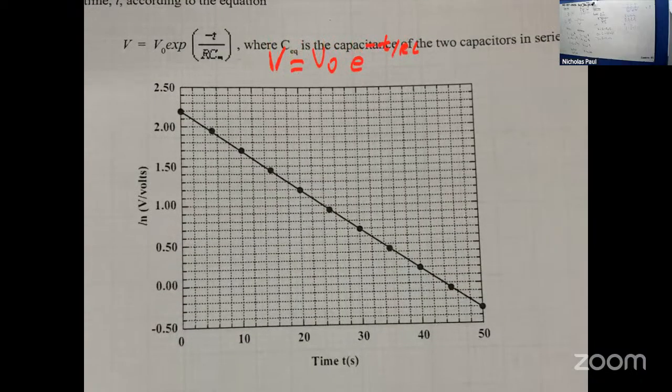Okay, negative gradient, but look at the y axis. It's ln V. So what do we do to obtain this graph? We have to linearize, right? Take ln on both sides and linearize.